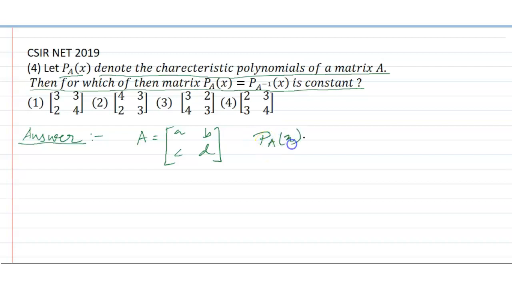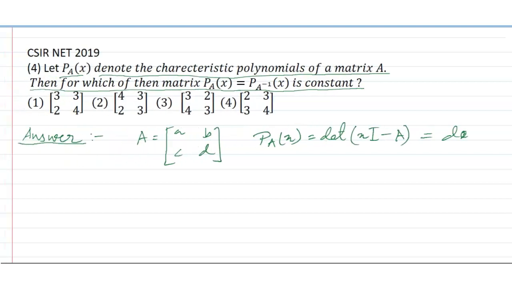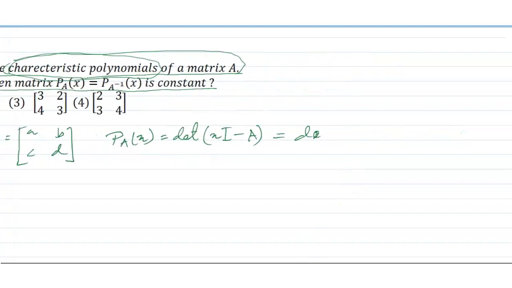PA(x) is equal to the determinant of xI minus A, because the characteristic polynomial is given this way. The characteristic polynomial of A is equal to det of xI minus A.